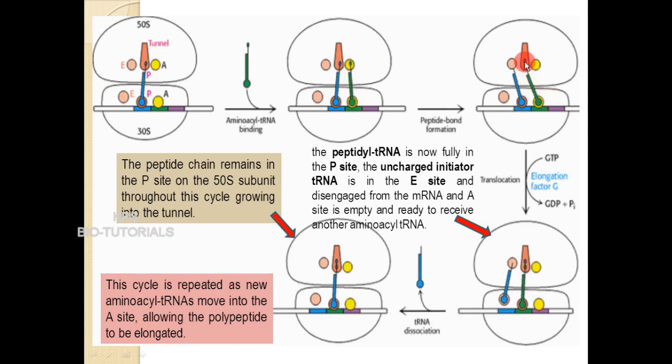Then the initiator tRNA moves towards the E site, and the peptidyl tRNA moves towards the P site, and now the A site is empty to receive another amino acid tRNA, and the cycle is repeated in this way on addition of each amino acid in the polypeptide chain.